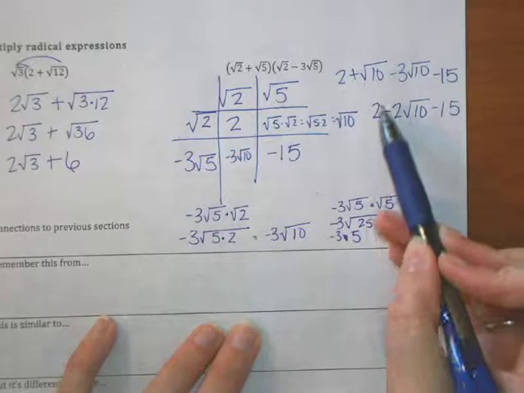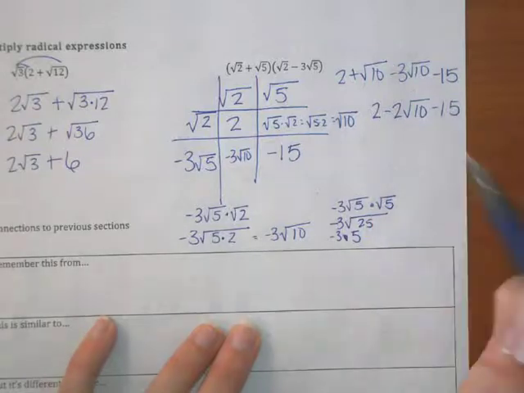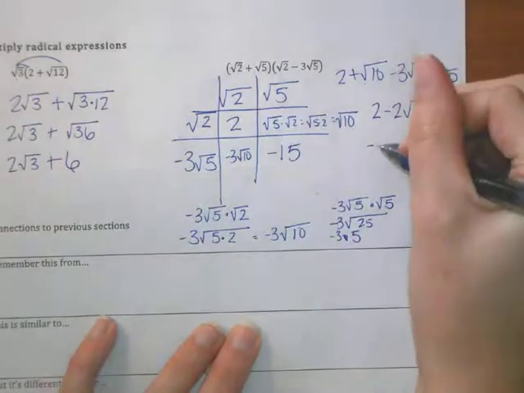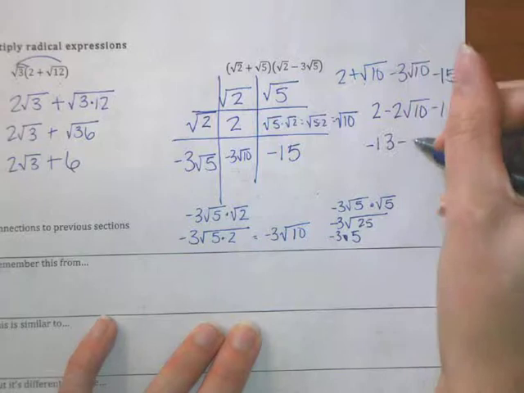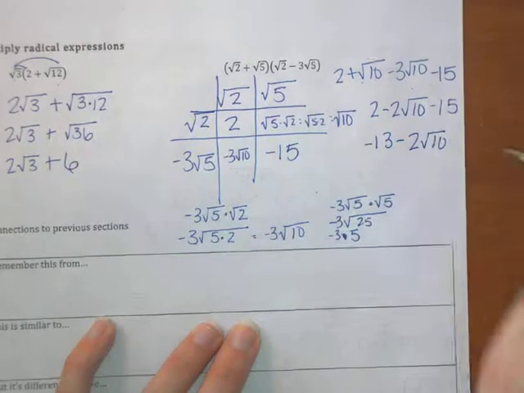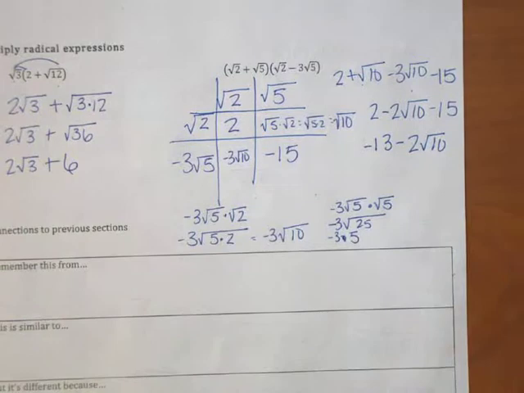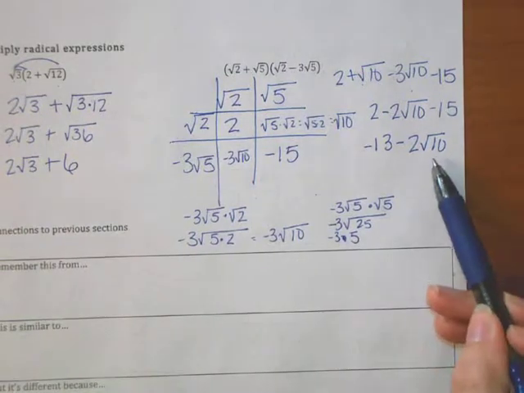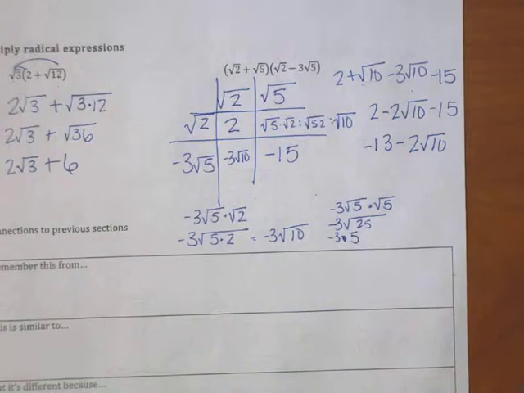I'm starting a little positive, I'm going a lot more negative. So I can write this as negative 13 minus 2 roots of 10. And all of my terms are combined. Is this in simplest radical form? Yeah, we're all done then. That one's a lot of steps, yes.